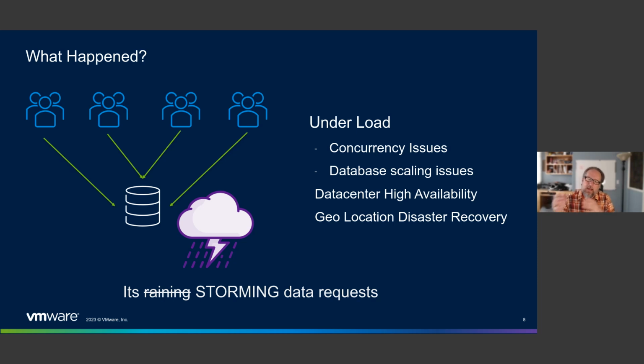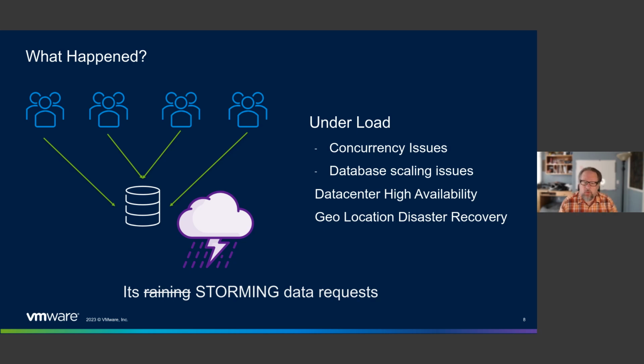Are you active, passive? And how do I ensure that when that machine ultimately fails because it heated up so much, we're still operational during that storm of influx of data requests?